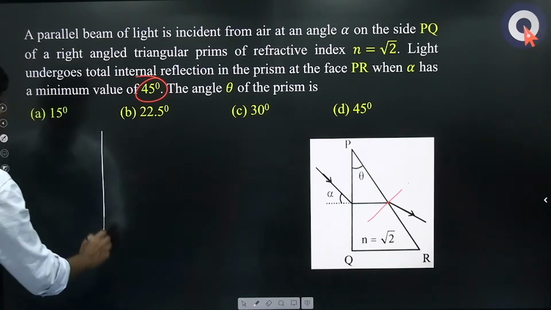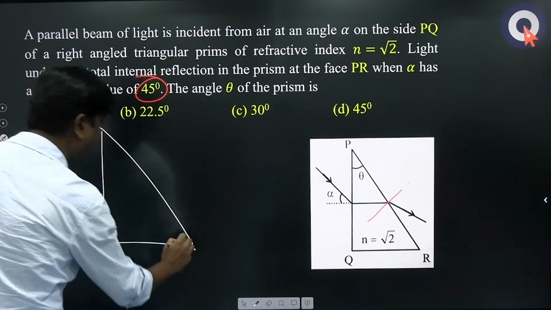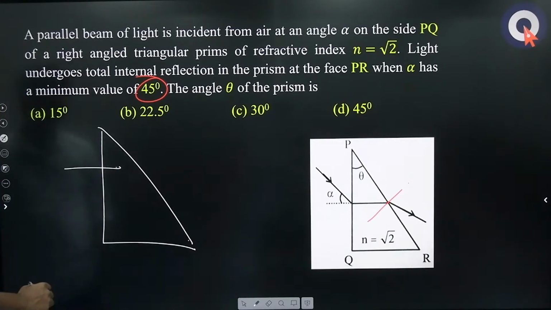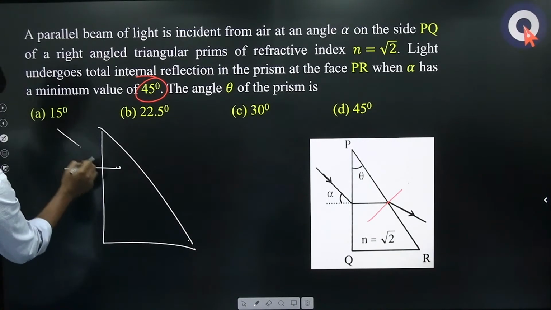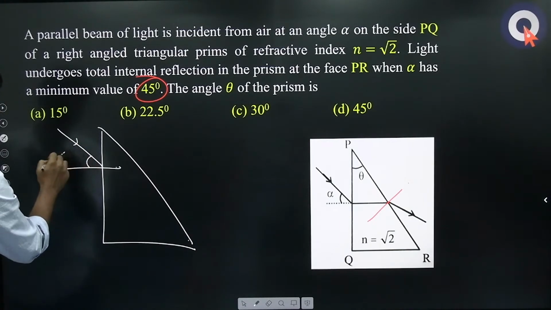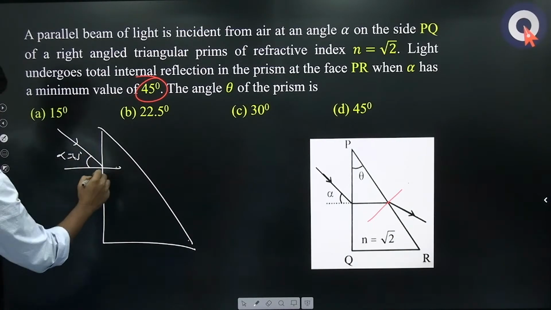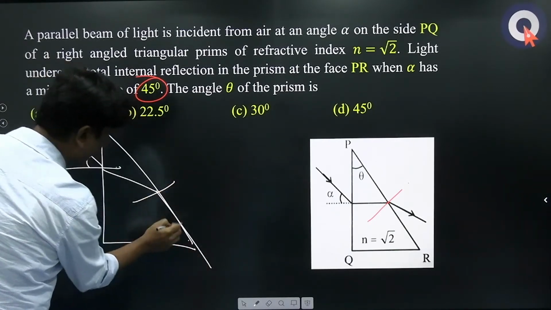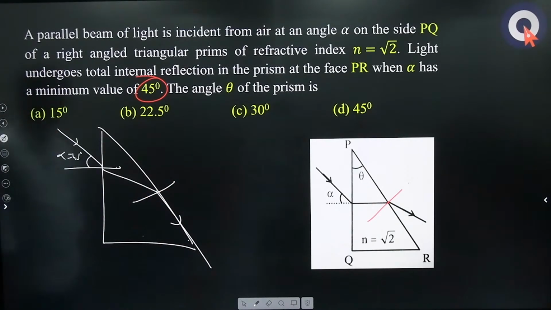I'm redrawing this. See here, this is a normal, and alpha has the minimum value of 45 degrees. So this is alpha with 45 degrees, bending towards the normal, and here it will have a grazing total internal reflection.